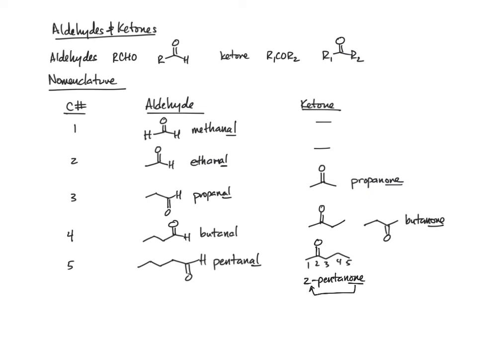The 2 is telling you where that carbonyl group is. So the other constitutional isomer of this is going to be 3-pentanone. So again, the 3 is telling us where the ketone is. So 1, 2, 3, 4, 5.